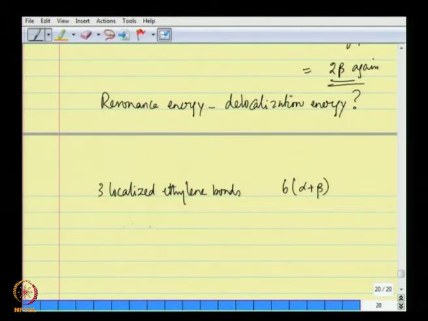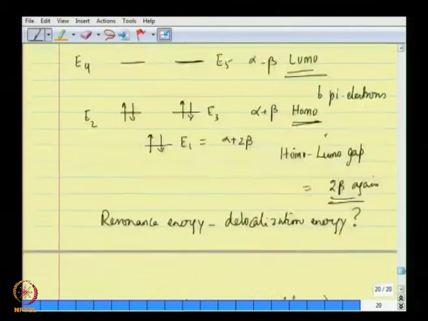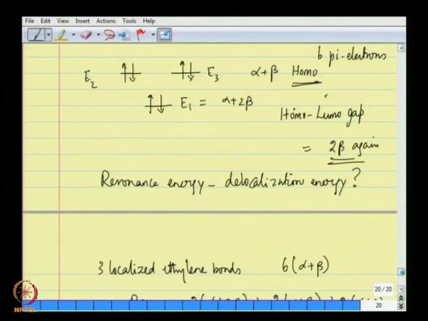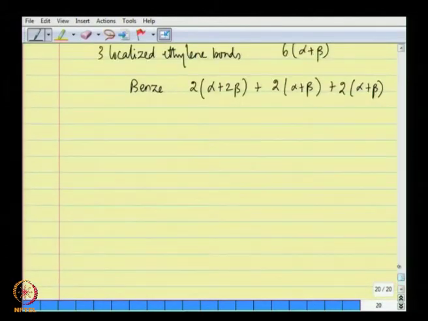In benzene, you have 2 electrons in alpha plus 2 beta, 2 electrons in alpha plus beta, and 2 electrons in alpha plus beta. So, the difference between these two is 4 plus 2 plus 2, which is 8 beta minus 6 beta; the alphas cancel out, and the resonance energy is 2 beta.